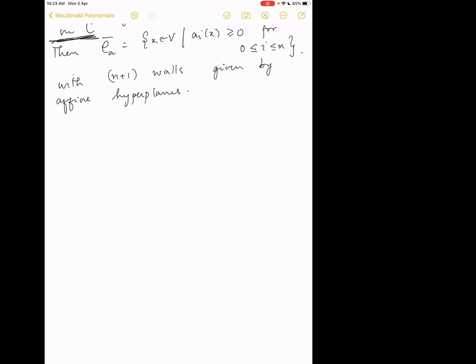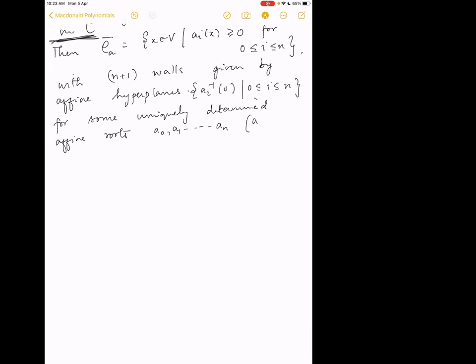So maybe AI inverse of 0, 0 less than or equal to I less than or equal to n, for some uniquely determined affine roots A0, A1 through AN.